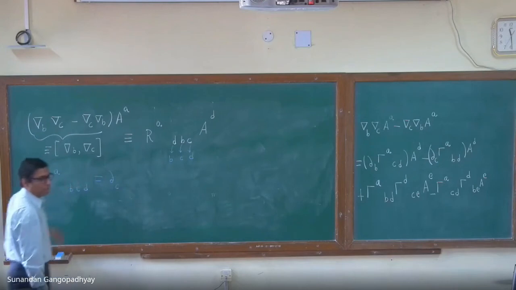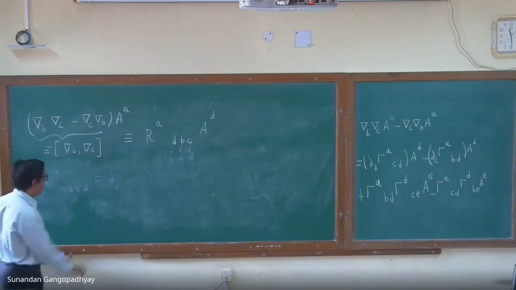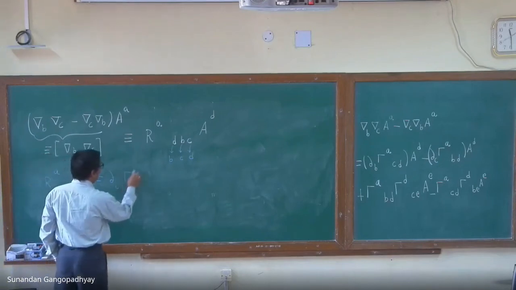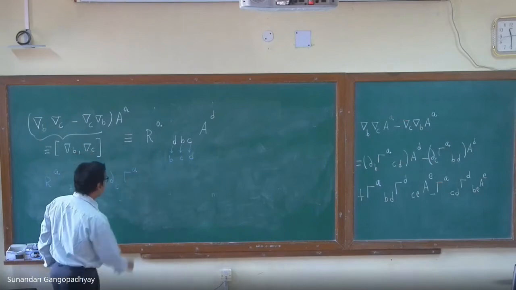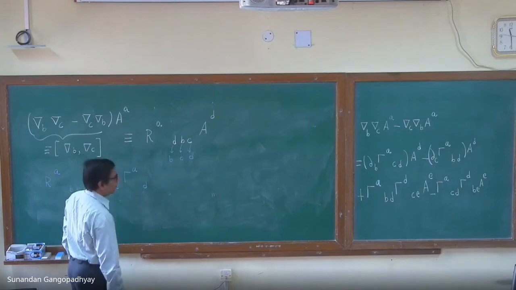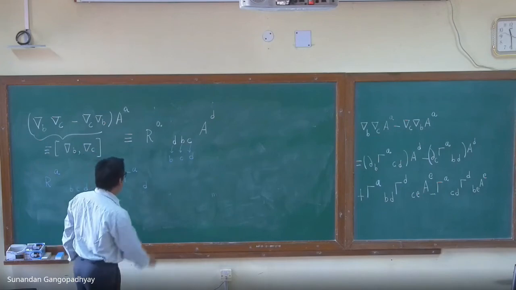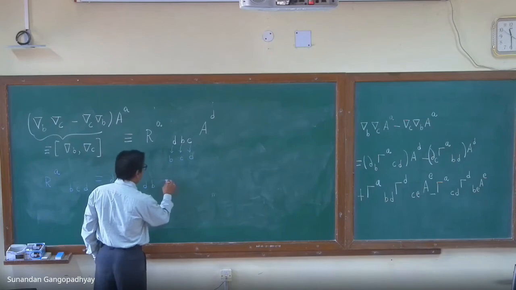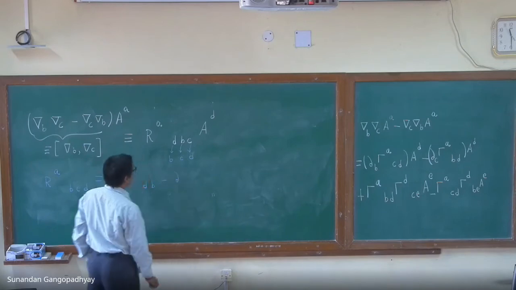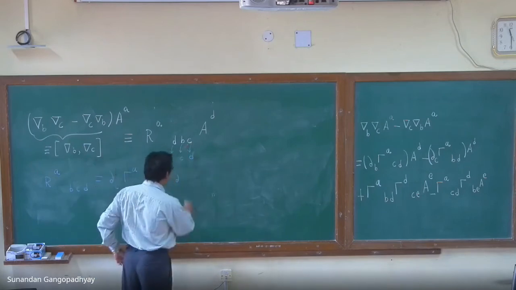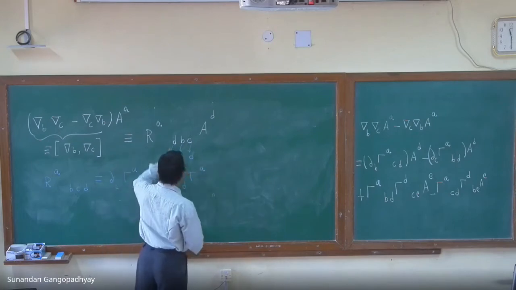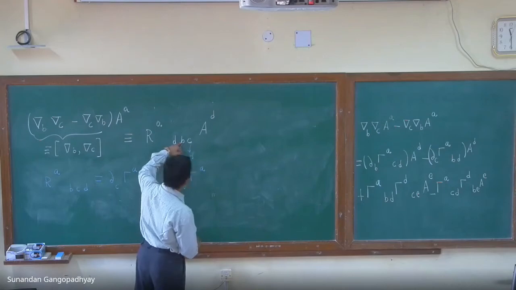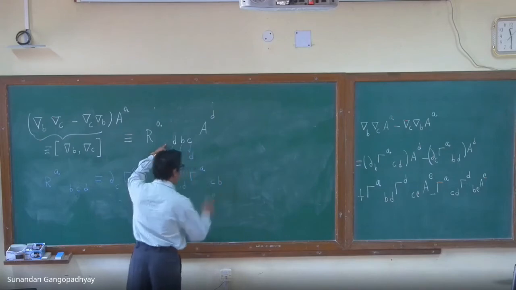Now we have got this del C. This is gamma A. C is replaced by D. B is replaced by B. Good. Minus del C is what? C is replaced by D. Gamma A B D. B is replaced by C. And D is replaced by B.